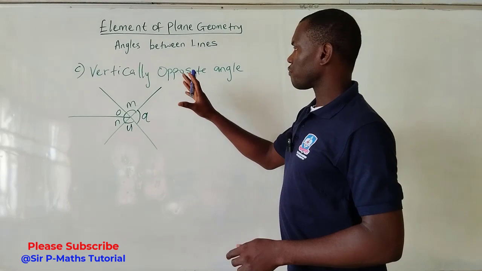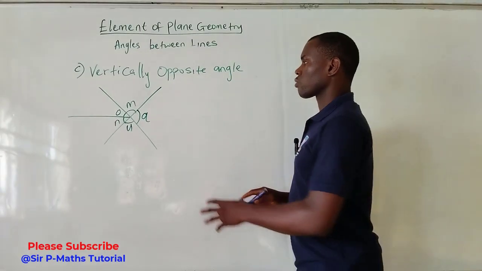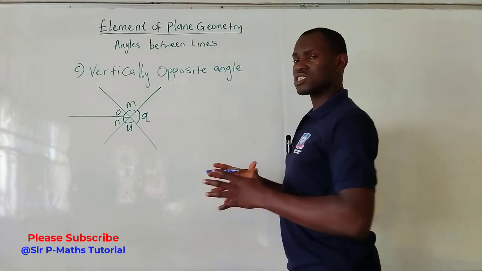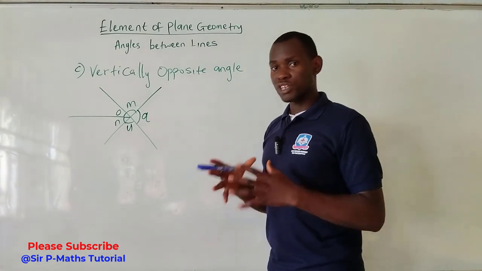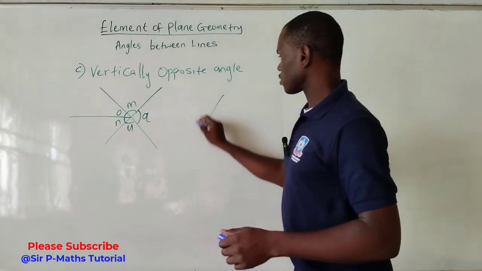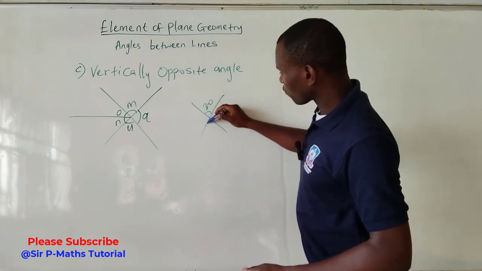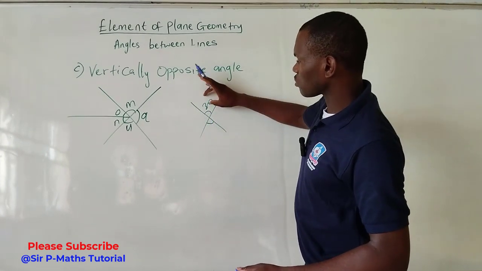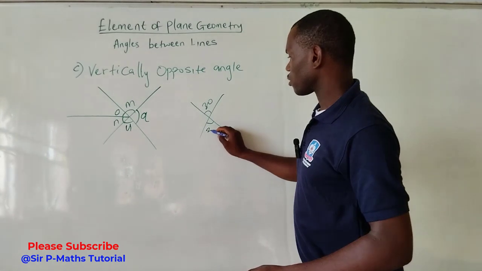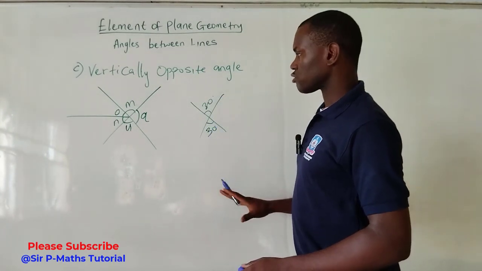Let's talk about vertically opposite angles. For every vertically opposite angles, they are always equal. If I have this line now, and here is 30 degrees, the angle formed here is vertically opposite to this angle. Therefore, here must be 30 degrees.